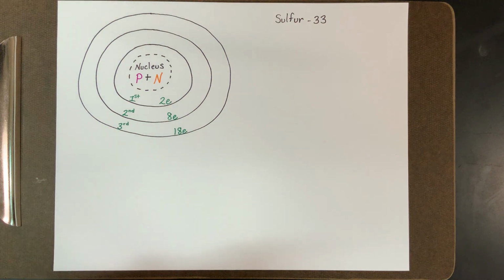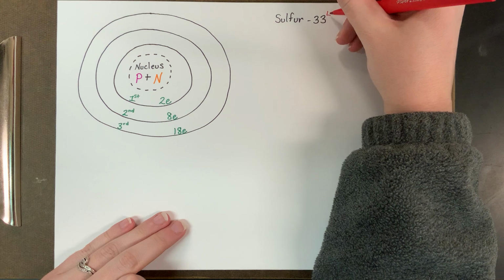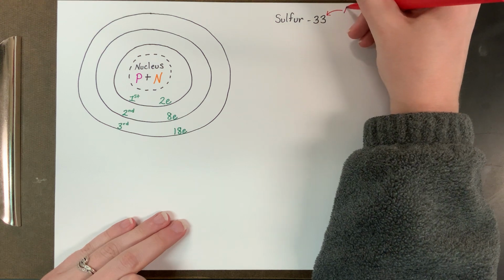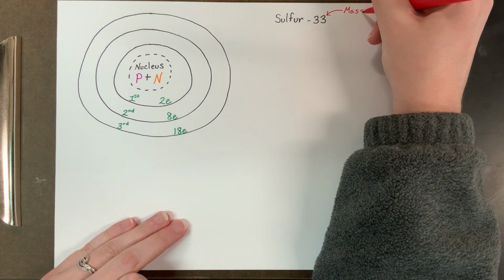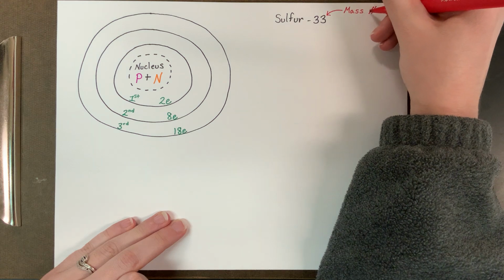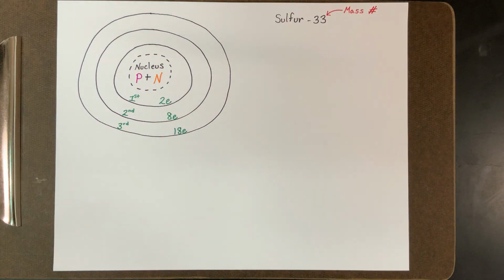Just a quick reminder that this number right here is the mass number. Whenever you're given the element with a number next to it, that is the mass number. So that tells me for this particular sulfur atom that we are going to be drawing, it's going to have a mass of 33.